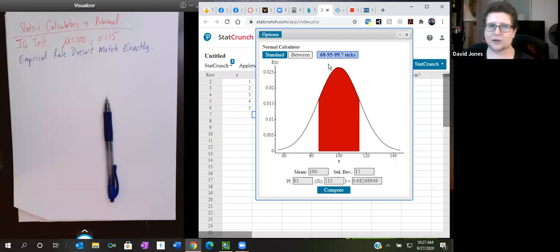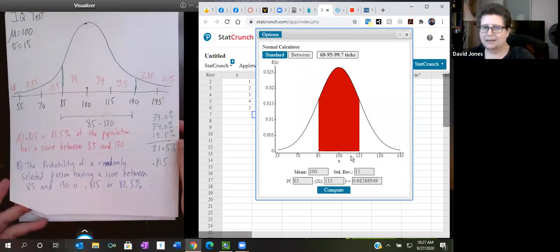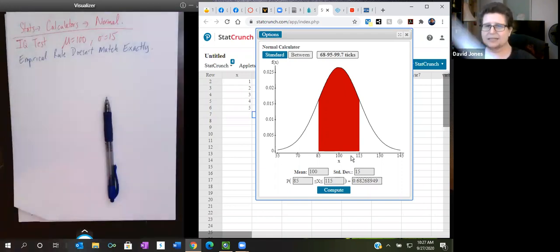You'll notice also in the normal calculator, if you put in the mean and standard deviation, you can tell it. See up here, it says 68, 95, 99.7 ticks. I can click on it and it's showing me the values that I put right here on my graph. I added 15, 30, and 45, increments of 15, or subtracted increments of 15. So the 68, 95, 99.7 is following the empirical rule.